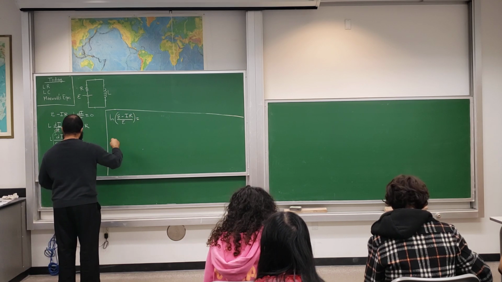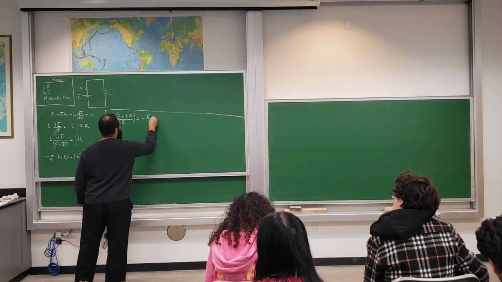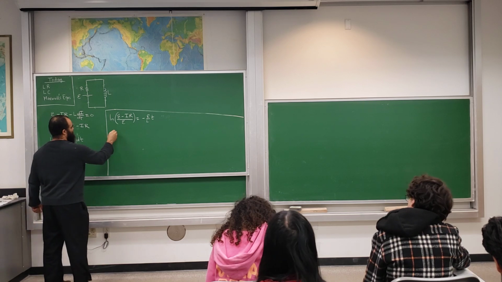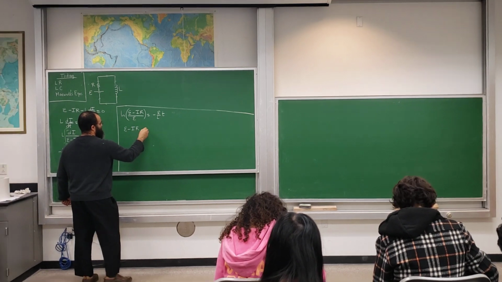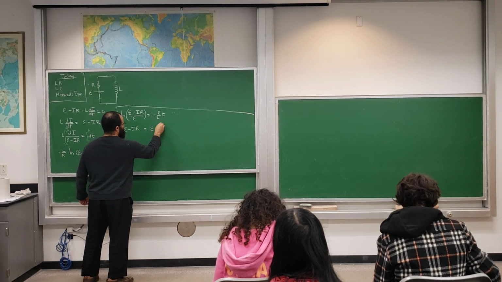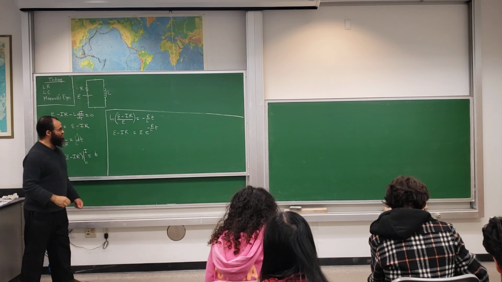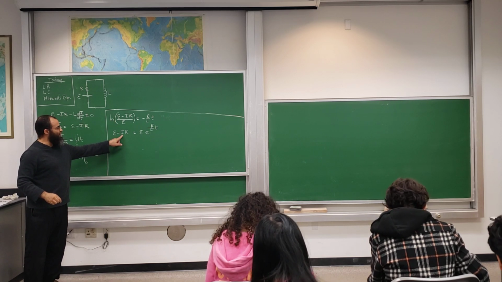On the right side, you have minus R over L times t. Do the exponential on both sides. You have E minus IR is E times e to the minus R over L times t.